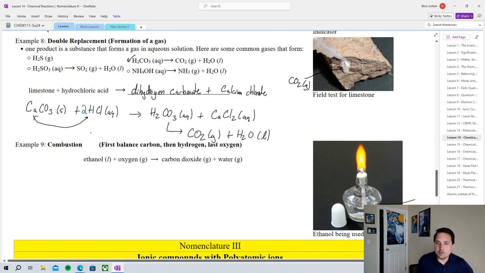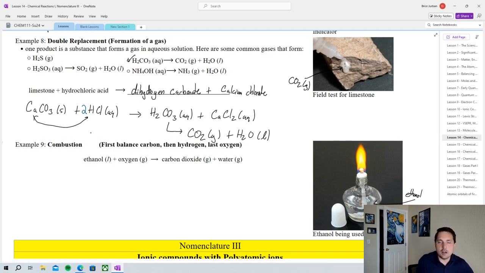Inside here we have a fuel. This is ethanol. There's going to be a little bit of water here as well. But that ethanol is going to combust with the oxygen to give us carbon dioxide and water. And as this puts off a lot of energy, it creates a fire in the process.